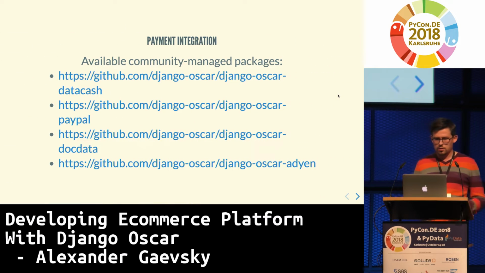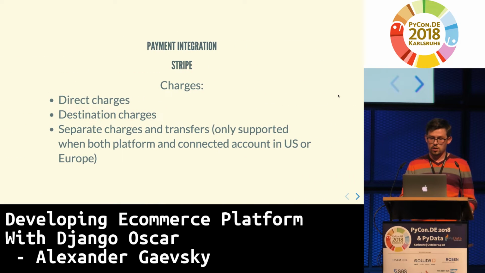Okay, let's see. Of course, you will need to have payment in your checkout flow, and there are some ready-made community packages, which are more or less up to date. Django Oscar Datacash, Oscar PayPal, Oscar Docdata, and Oscar DN. If you have a standard eShop, it's pretty much easy to decide what to use.